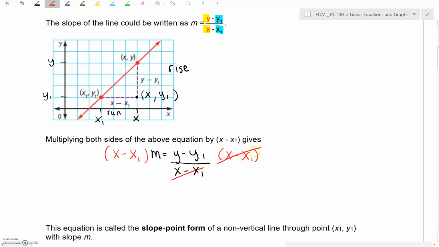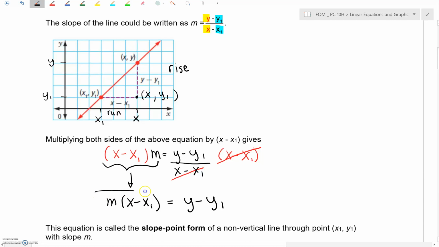When we do that, the resulting equation is going to be m times x minus x sub 1, which is equal to y minus y sub 1. All I've done on the left is rearrange my m and my x minus x sub 1. I just put m first and then x minus x sub 1.